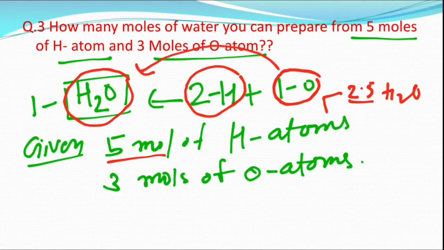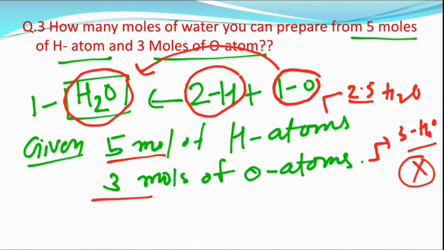So 3 moles of oxygen atoms can give 3 moles of water. Now if you consider the second case, the case of oxygen atoms, and find the answer that 3 moles of H2O will be formed, then your answer will be wrong.